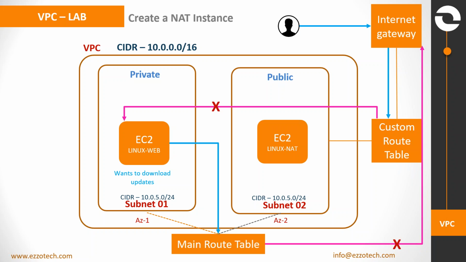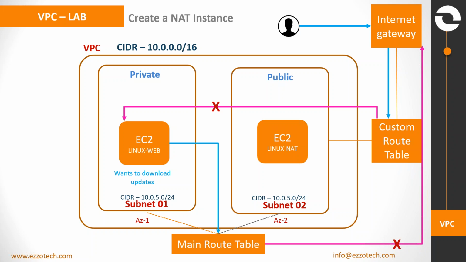For example, a communication originating from 10.0.1.0 and wanting to communicate to 10.0.5.0 can easily communicate within the same VPC.